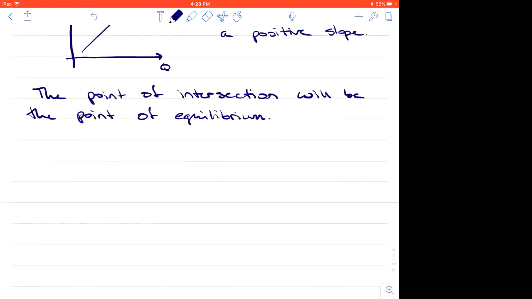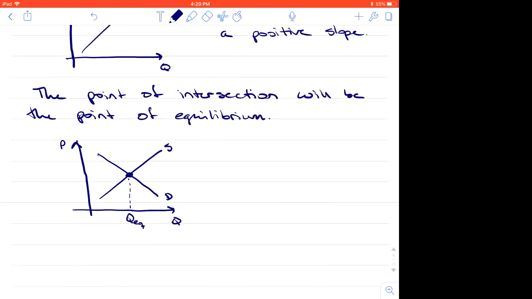So in a general scenario, we've got price and we've got quantity here. We've got a demand and a supply curve. This point here represents some quantity at equilibrium and some price at equilibrium.